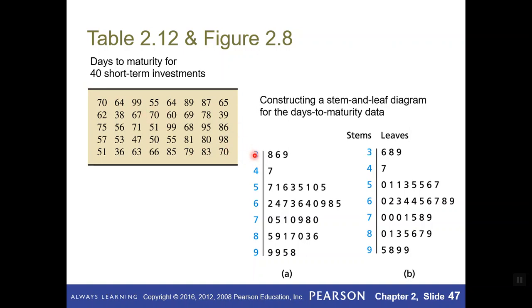So 30 to 90. The leftmost digit goes to the stem part. So 3, 4, 5, 6, 7, 8, 9. 3 means 30 values go to this row. 4 means 40 values go to this row. Likewise, 9 means 90 values go to this row.